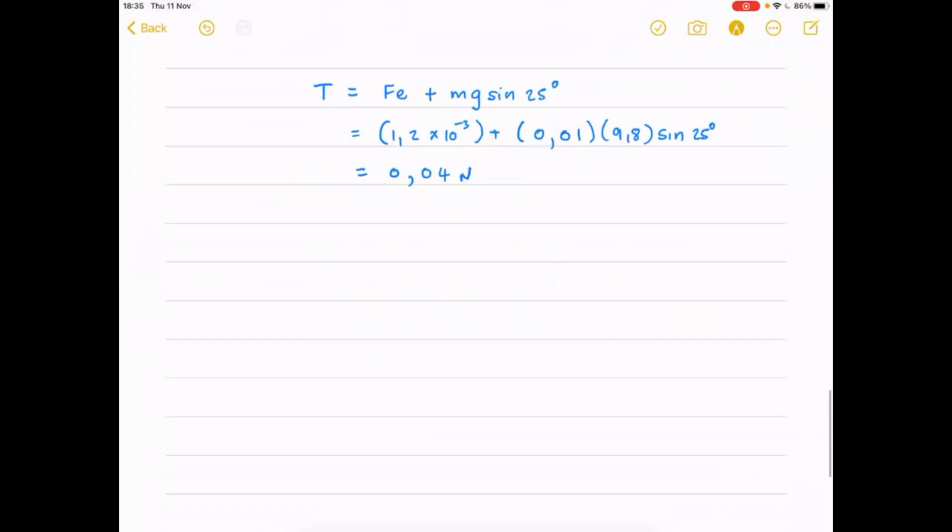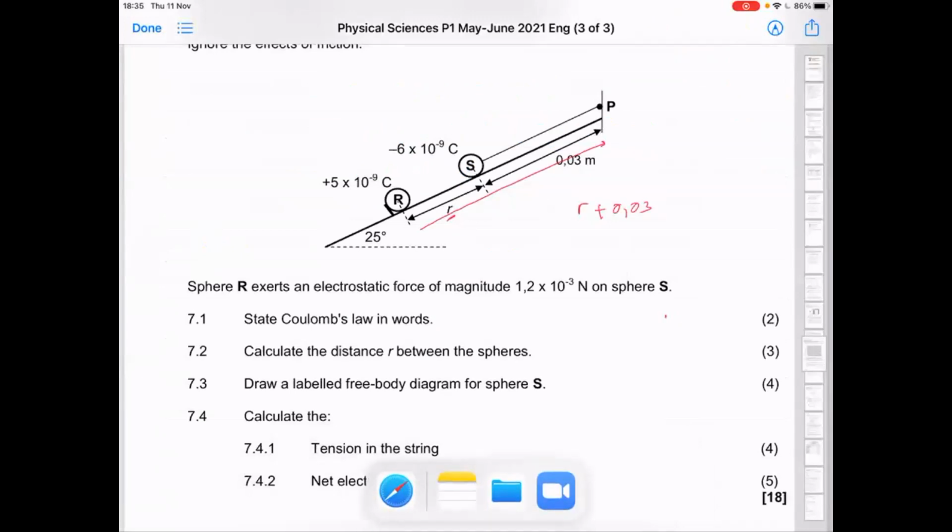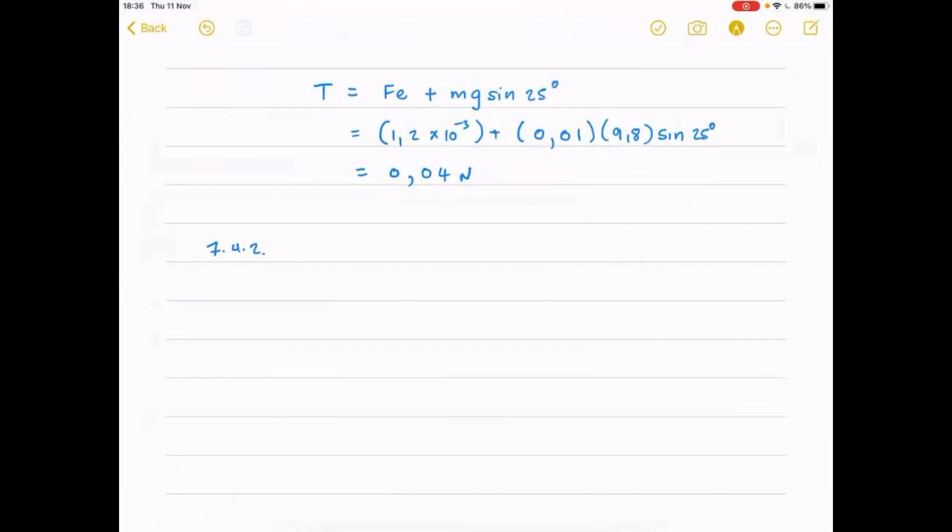Question 7.4.2. The electric field due to R at P is equal to kQ over r squared.